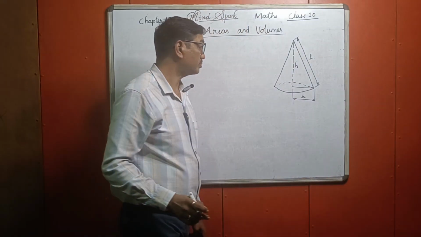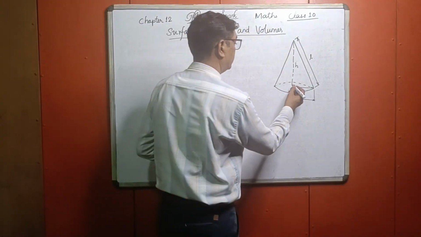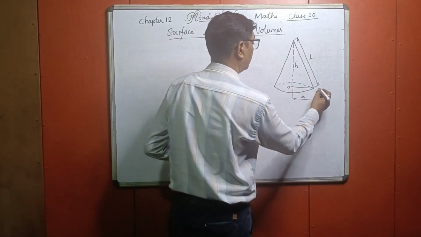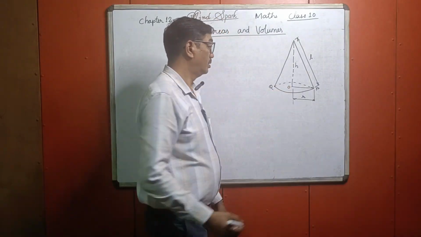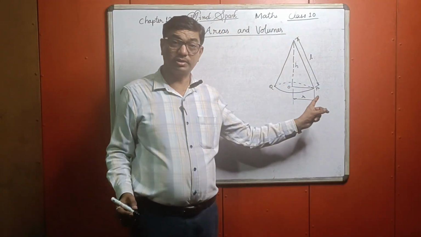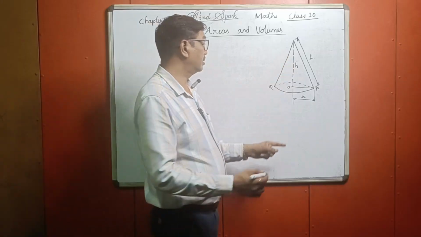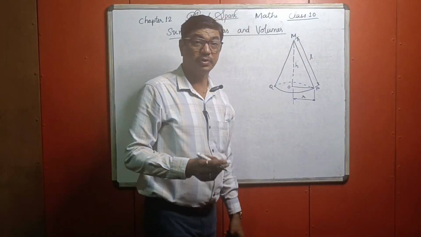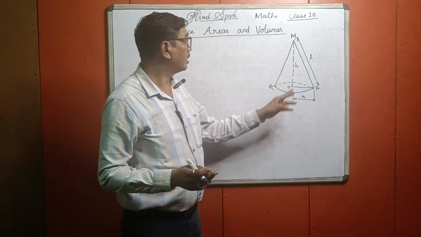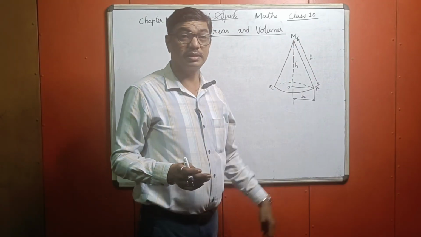OP is the radius of the cone, OM is the vertical height of the cone, and MP is the slant height.